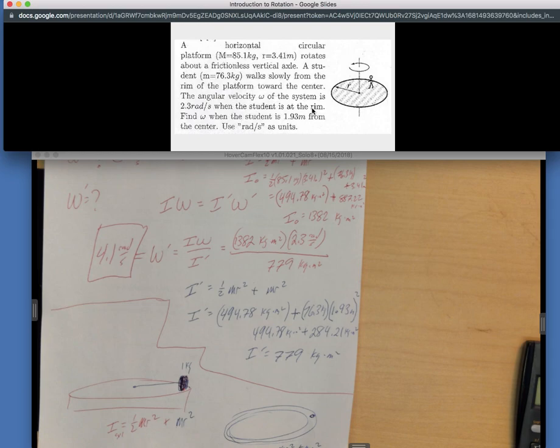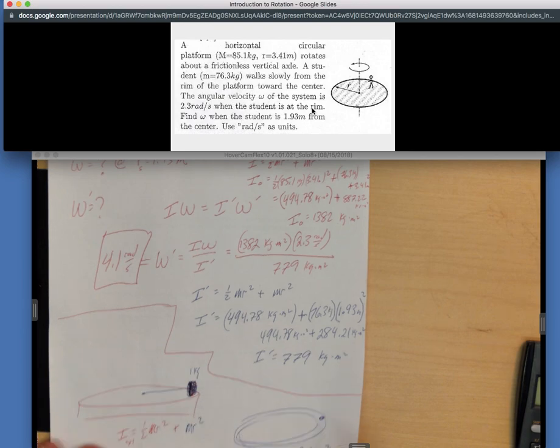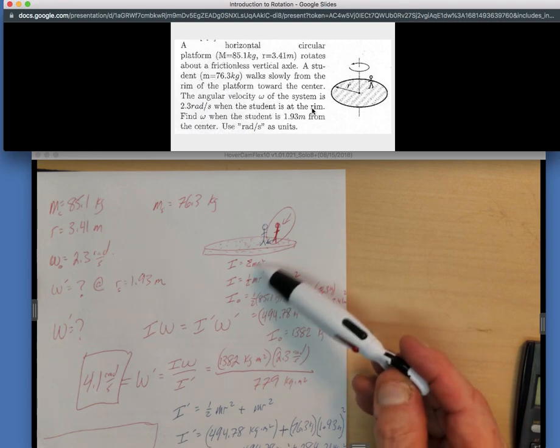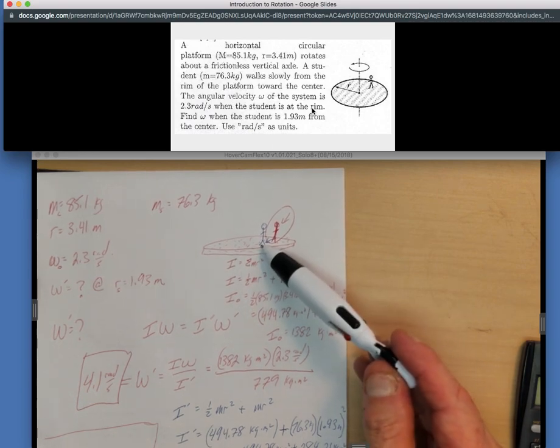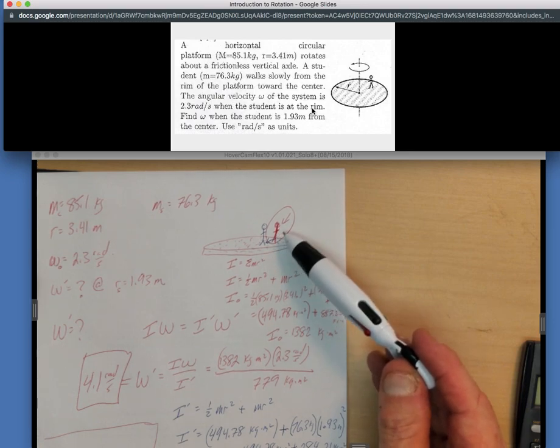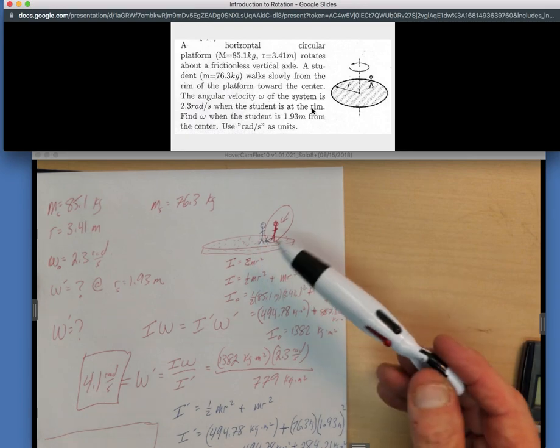So you've got to identify what it is that you're adding or taking away from the thing that resists the acceleration, the moment of inertia. I think that's a pretty good example. It was 1/2 mr squared, and then it was 1/2 mr squared plus mr squared, and then later it was 1/2 mr squared plus a new mr squared as they got closer.